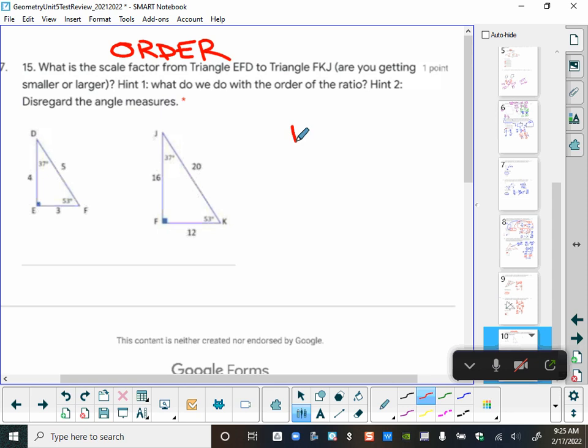One, so we're going from EFD to FKJ. This direction. Are you getting larger or smaller? Are you going from smaller to bigger or bigger to smaller?